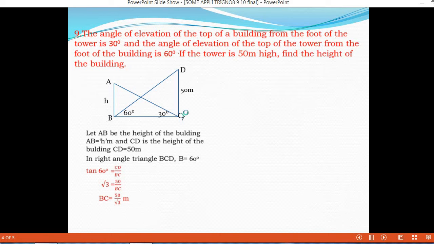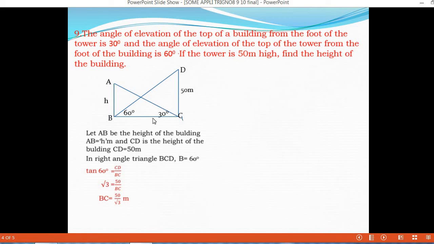And if you observe from another point, the angle of elevation is 30 degrees. From the foot of the building, the angle of elevation of the top of the tower is 60 degrees.